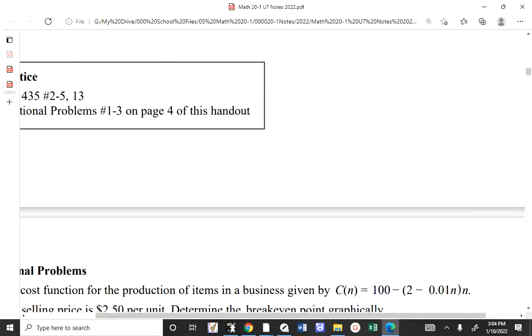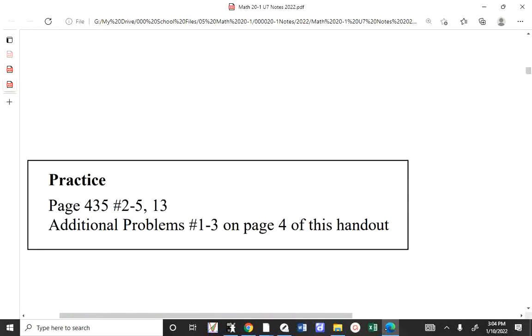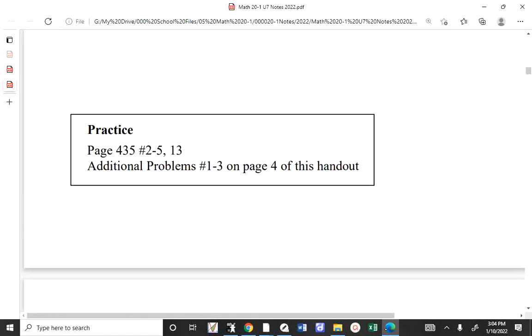I hope that was an okay return. Page 435, there's a few questions, and then there's additional problems on page 4 of the unit handout that I would like you to try. So you got about 20 minutes here, it looks like. Oh, no, you don't. Went longer than I thought. You've got about 15 minutes, but get started, try a few of these, and we'll go over them tomorrow.